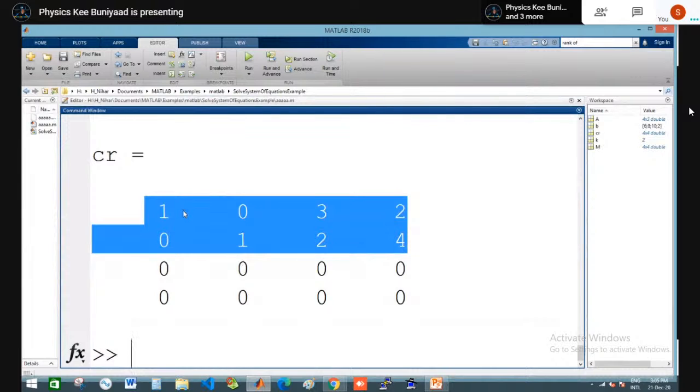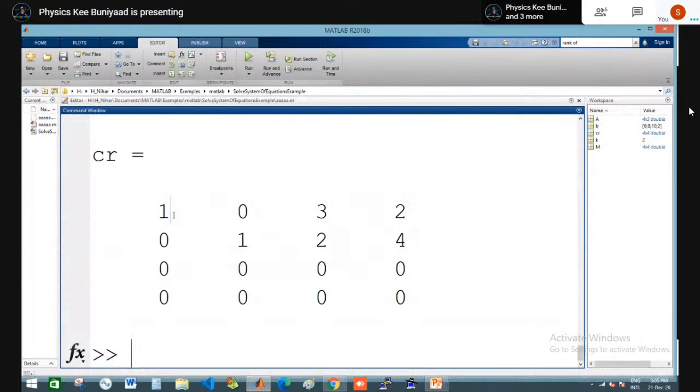Here you can easily identify the coefficient of x1 equal to 1, coefficient of x2 equal to 0, coefficient of x3 equal to 3, and the right hand side equal to 2. Similarly, in the second equation, the coefficient of x1 is 0, x2 is 1, x3 is 2, and the right hand side is equal to 4.